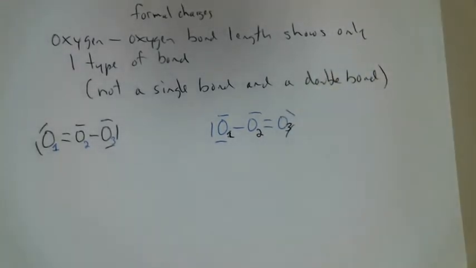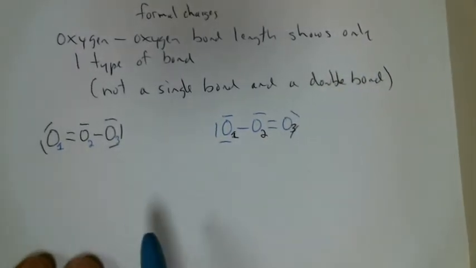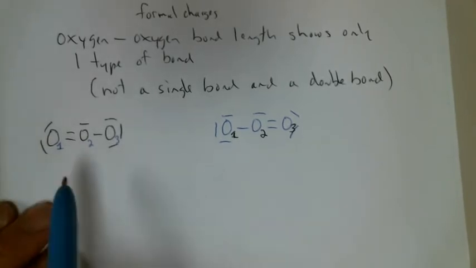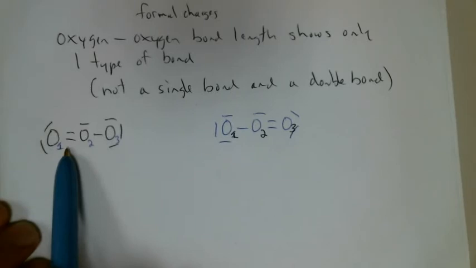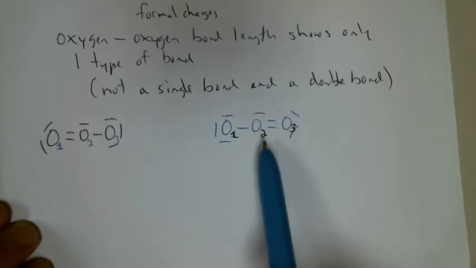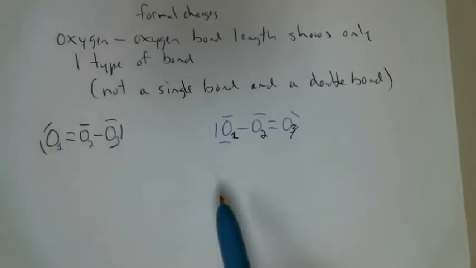Okay, so you see these two equivalent structures. These are equally good Lewis structures. In this one, we made the double bond between oxygen atom 1 and 2. In this one, we did it between 2 and 3. And how do we decide which Lewis structure is the best Lewis structure?